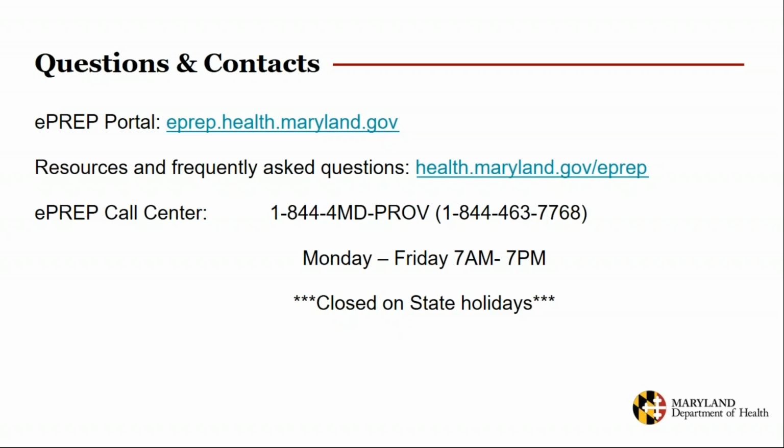So you can always start a rendering provider's application from their own account on ePREP. And then since the group is an existing group, you would have that option of affiliating that provider to the group. And you can equally start a rendering provider's application from the group's account.